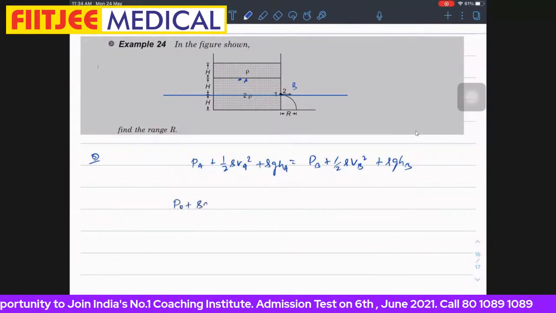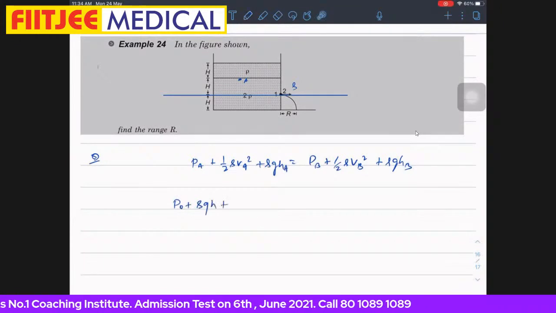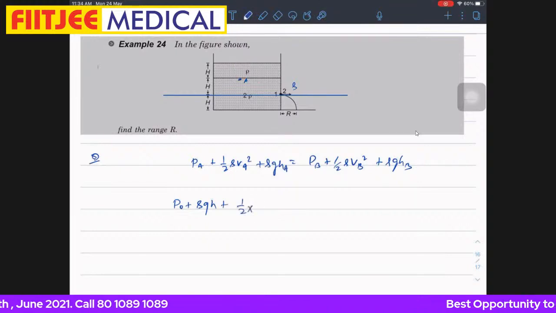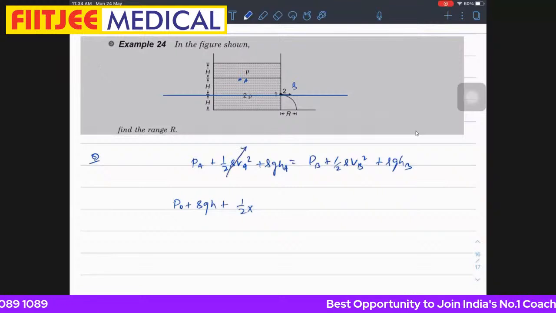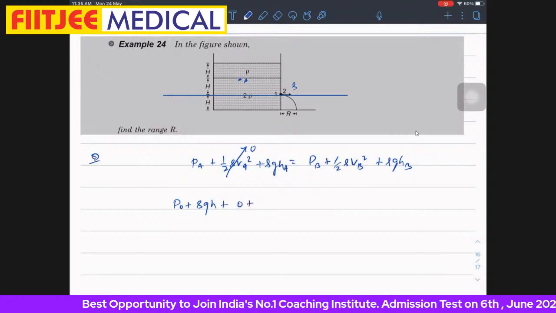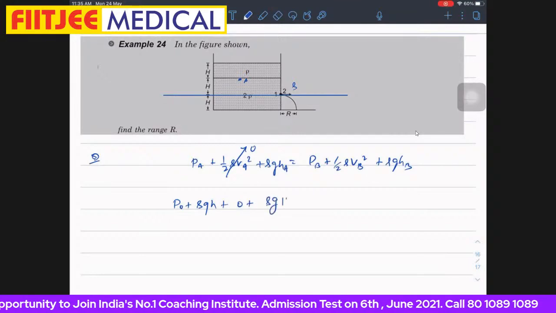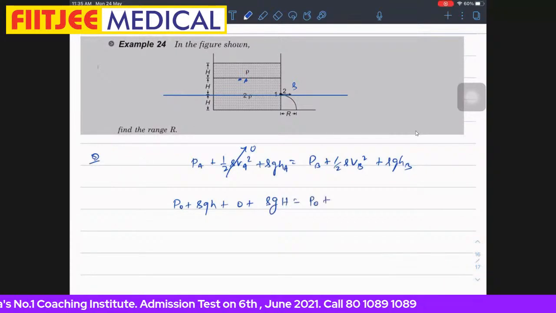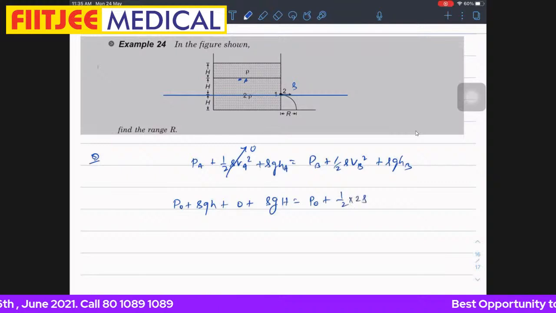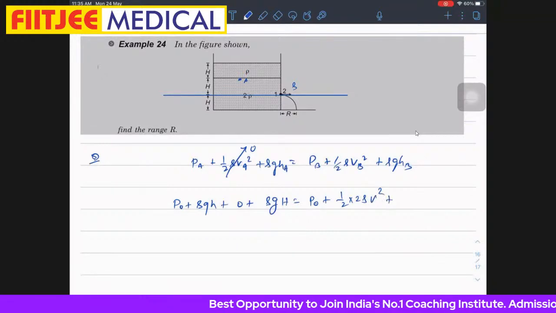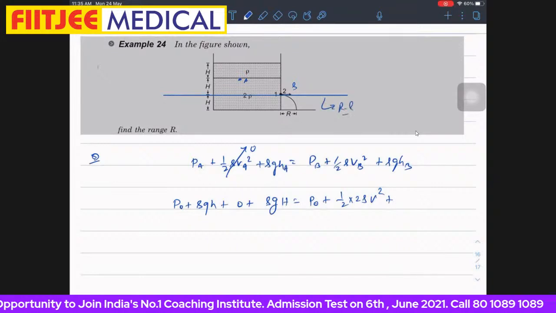P naught plus rho gh. Velocity at point A, I can neglect this term to become 0 because area is very small. So PB will become P naught plus half. What is the density of the liquid which is coming out? 2 rho into V square. Rho g h B will become how much? It is on the reference line, so this will become 0.